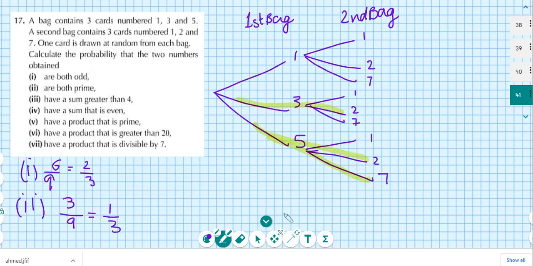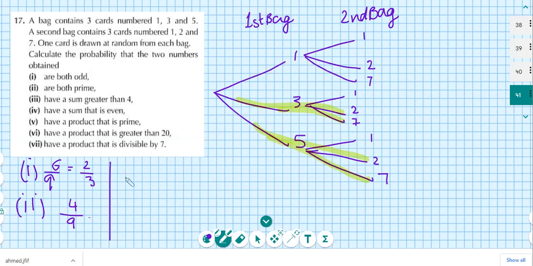Oh, I forgot another one, this one, 3, 7. So there are 4 branches, and the answer will be 4 by 9.